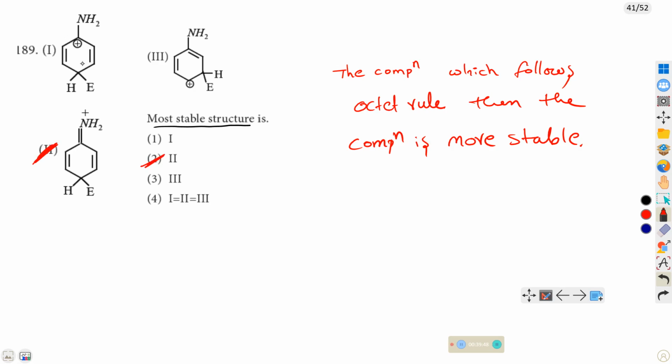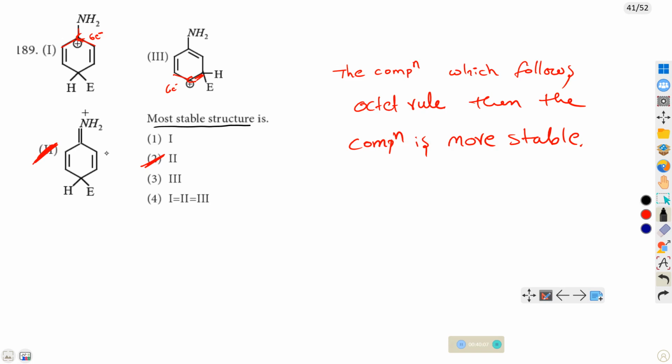How? Check it here. Around this carbon only 3 bonds are present, that means 6 electrons are present. Around this carbon also 1, 2, and the third one is hydrogen, 3 bonds, 6 electrons, does not follow octet.